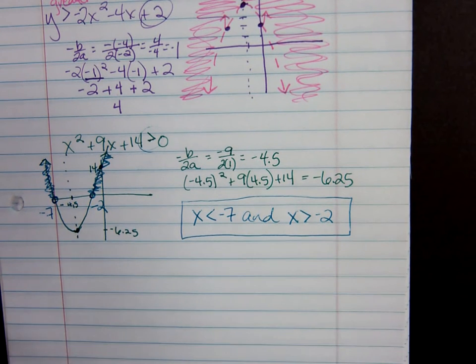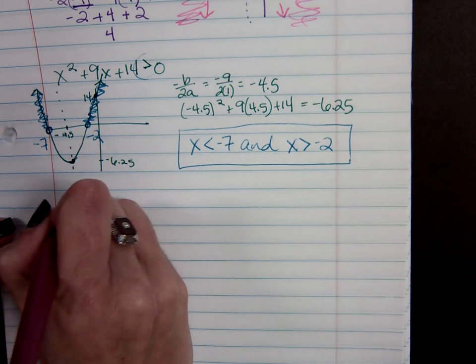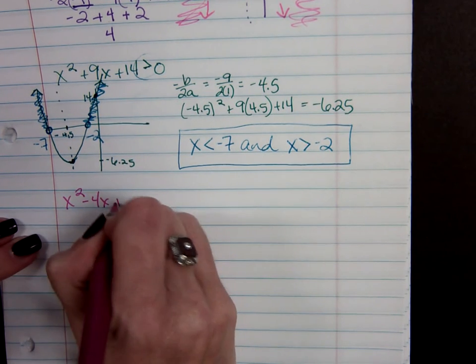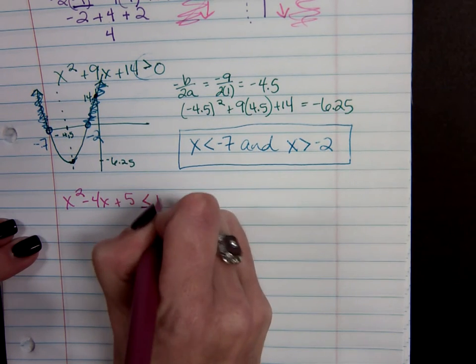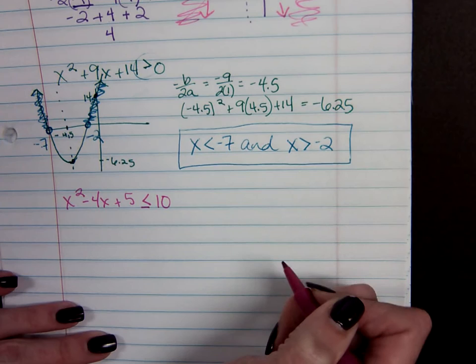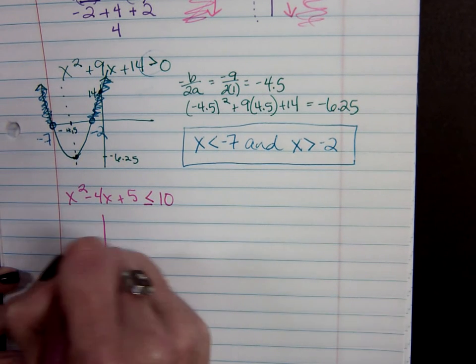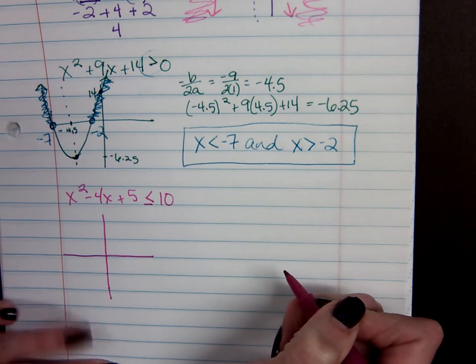Okay. Last example we're going to look at is x squared minus 4x plus 5 is less than or equal to 10. So again, I want just a rough but accurate sketch of our parabola.